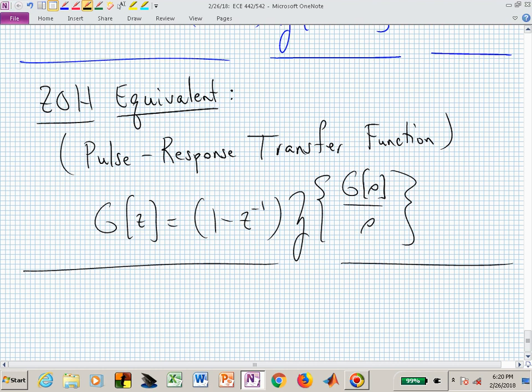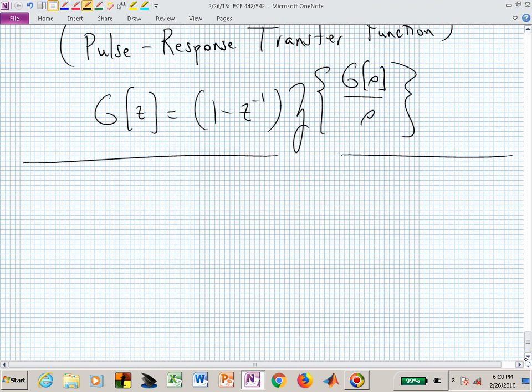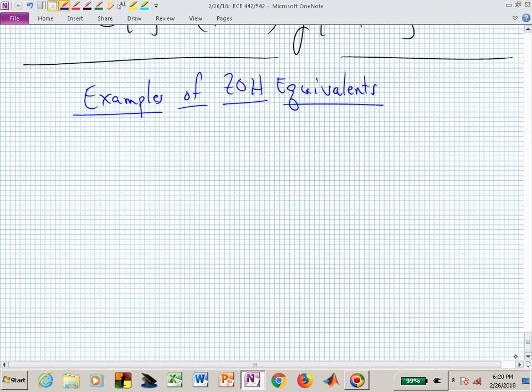Okay, so now we have capital G of Z. Let's look at finding these zero order hold equivalents for some particular situations. Hopefully we'll have time to get through a few of these. So let's say here is example number 1, and this is a system that's about as simple as you can get.